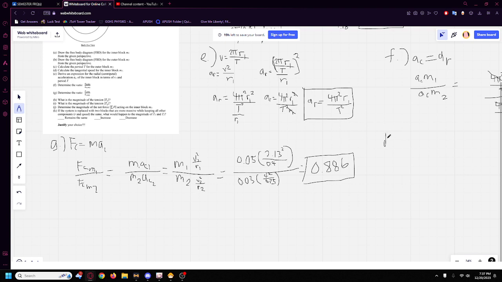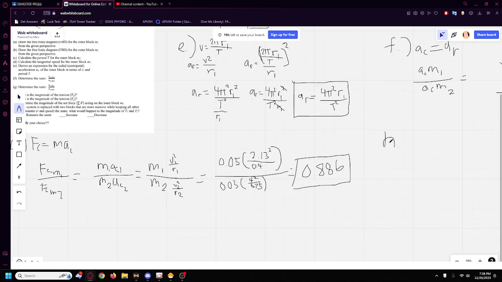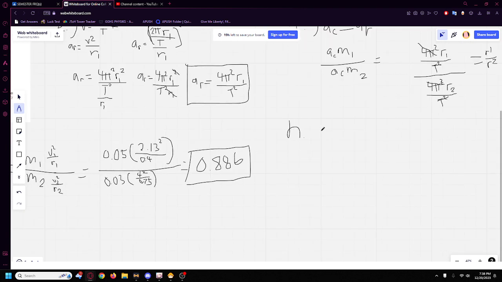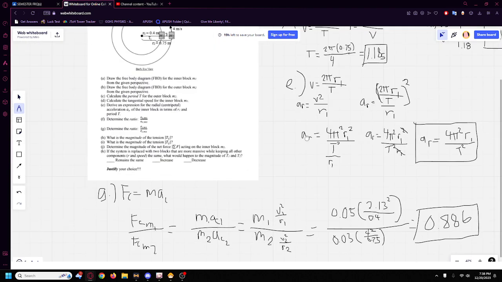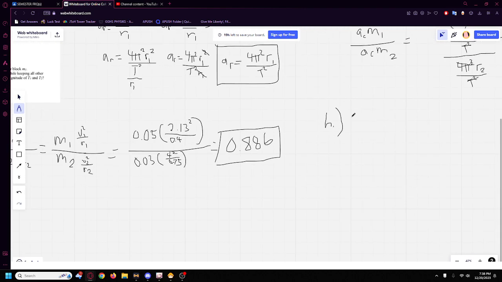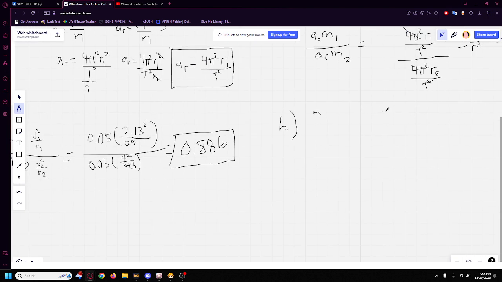H asks to find the tension of T1, so I'm going to organize it into the net force of M2 and the force on M1.